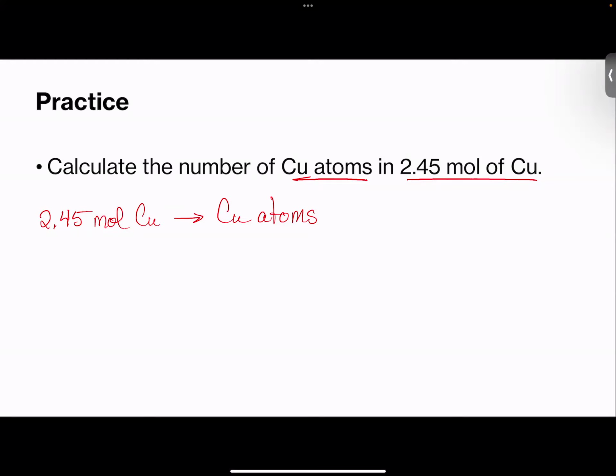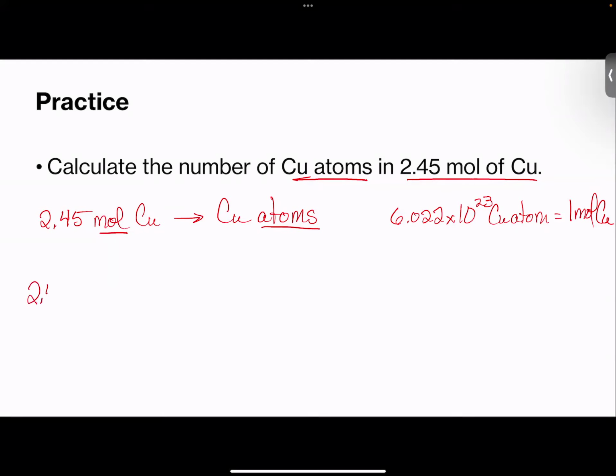The second thing I look at is what I'm working with. I have mole. Well, I have 2 different conversion factors that will allow me to work with mole, but I only have one that will allow me to work with atoms. And that conversion factor is 6.022 times 10 to the 23rd of anything, in this case copper atoms, is equal to 1 mole of that thing. So 1 mole of copper.